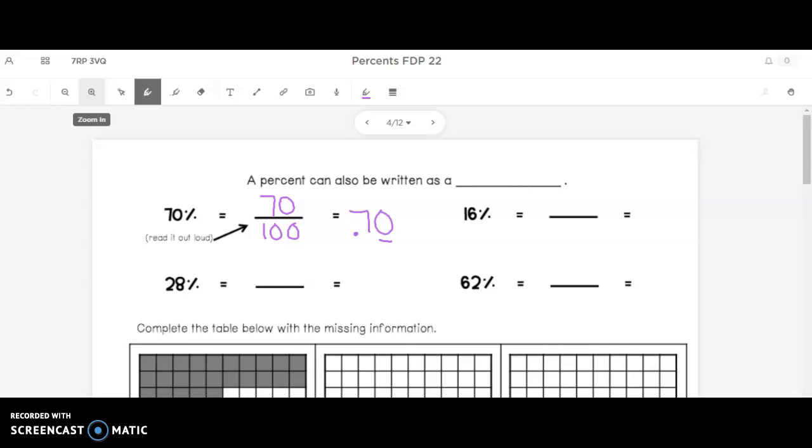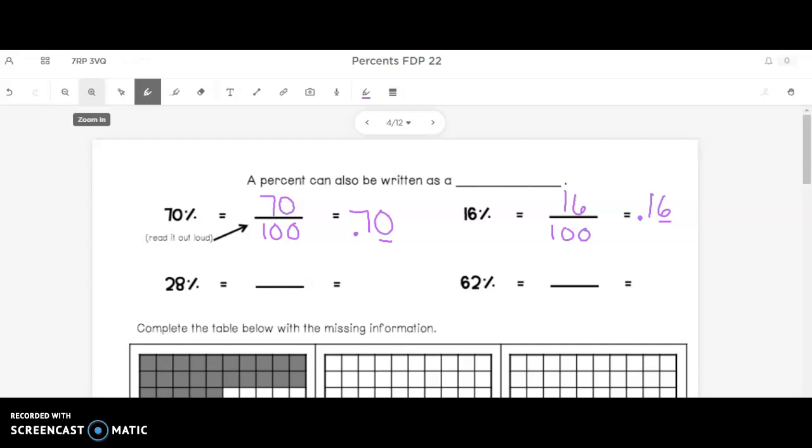Same here. 16%, we're going to write 16 over 100, which means we have 16 hundredths. I'm going to write it just like I say it. So 16 in the hundredths place. Okay, that's the hundredths place.